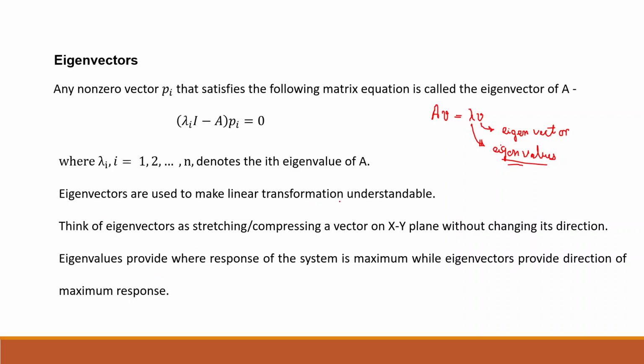Eigenvectors are used to make linear transformation understandable. Eigenvalues provide where the response is maximum, while the eigenvectors provide the direction of maximum response.